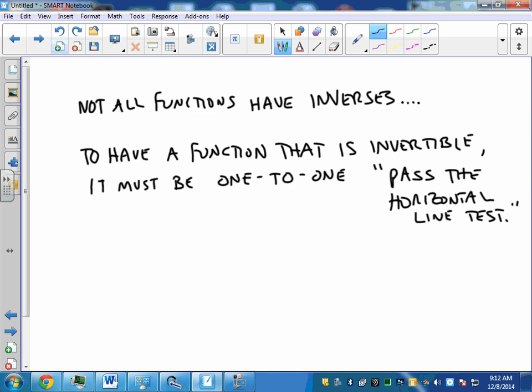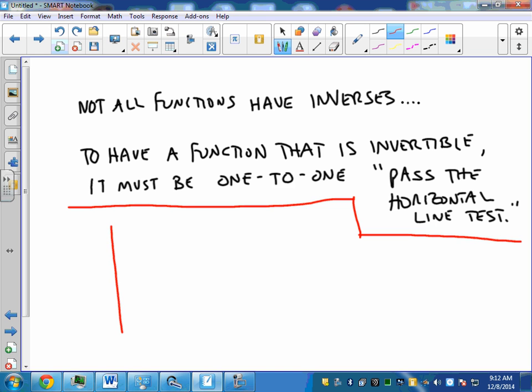Okay, so a couple quick sketches, and then we're going to stop this video here and do another short little segment on this idea of invertible functions and horizontal line tests. The first function we dealt with was y is equal to 3x minus 1.